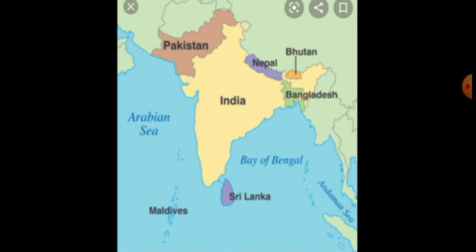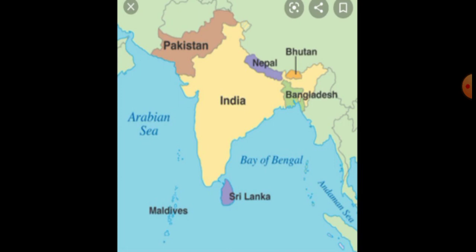Okay, then India is full of different castes, creeds, religions, and customs. Different creeds and different religious people are there. The people of India follow different cultures, but all the Indian people live together.